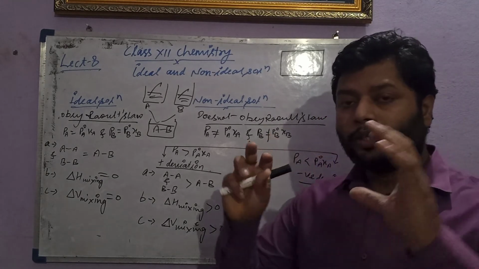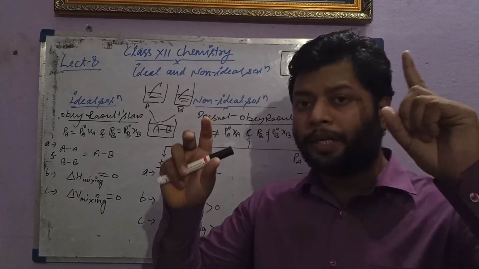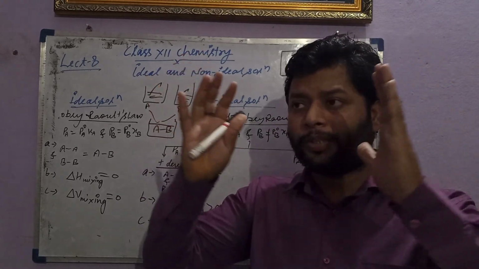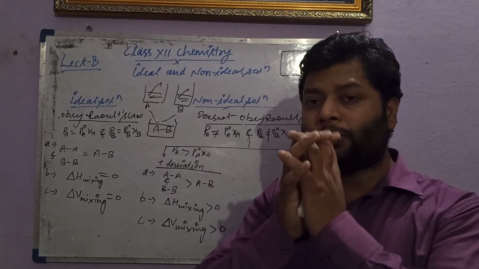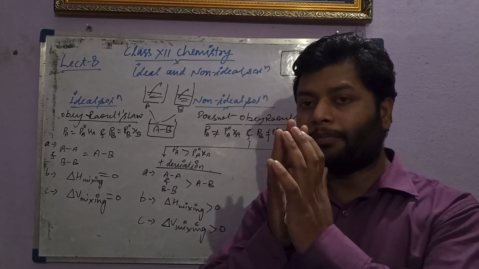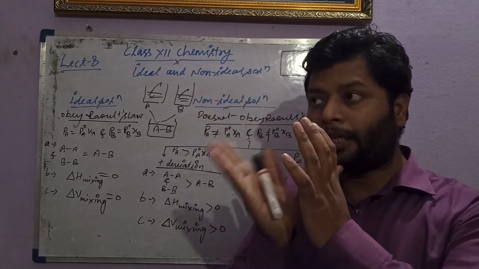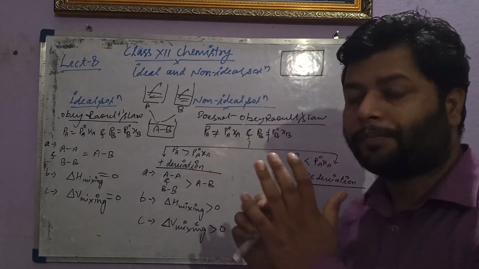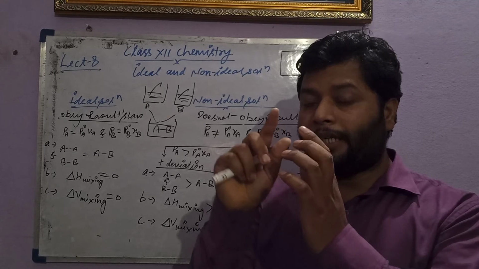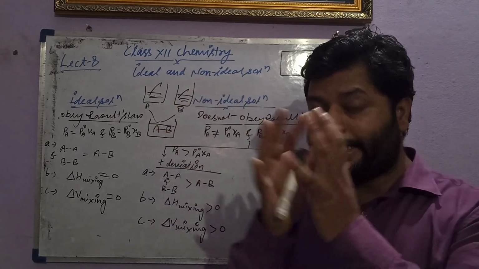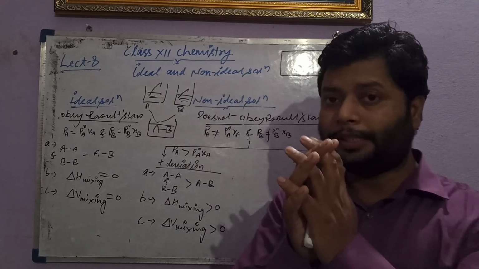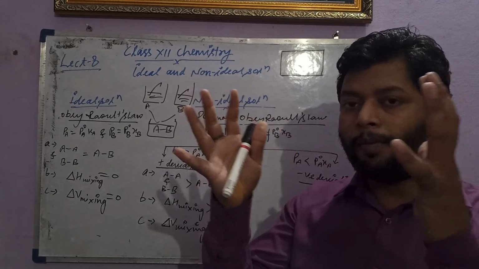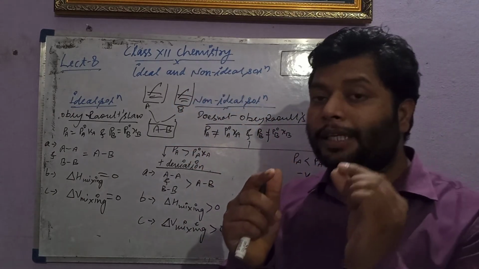If between two different components, component A and component B, there is a greater force of attraction, the molecules will associate together and decrease the volume. The molecules will associate together and release enthalpy. Delta H will be negative in that case, and delta V also will be negative because the volume decreases. When molecules associate together, they will not easily evaporate.